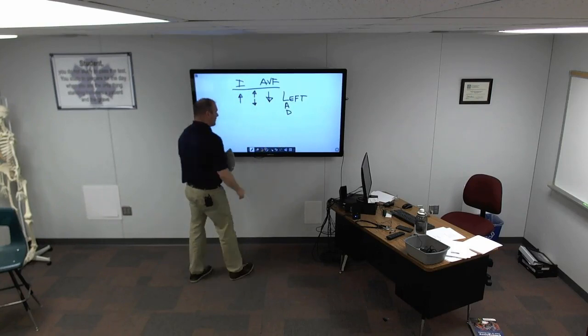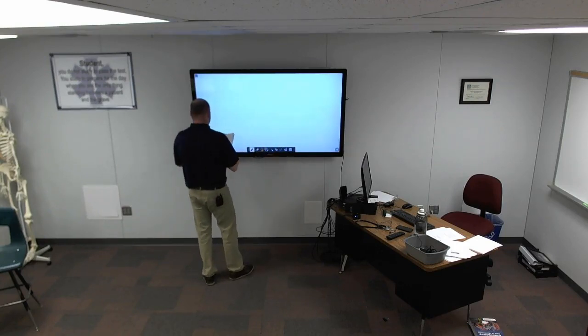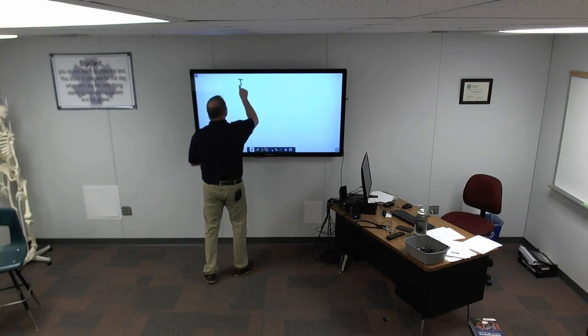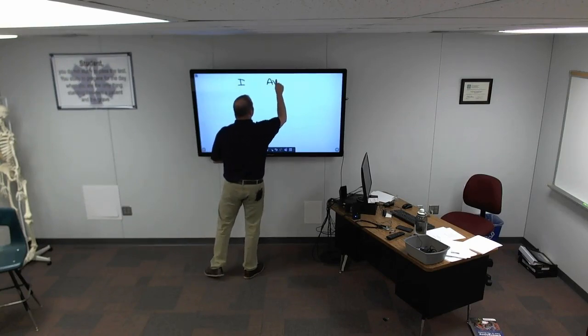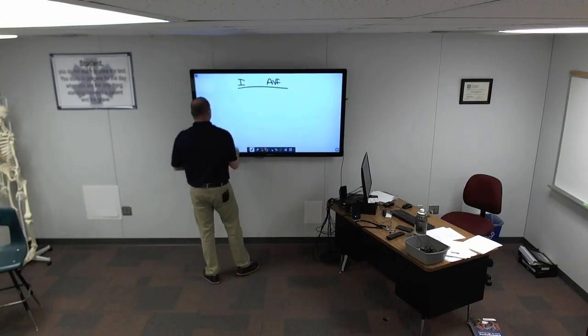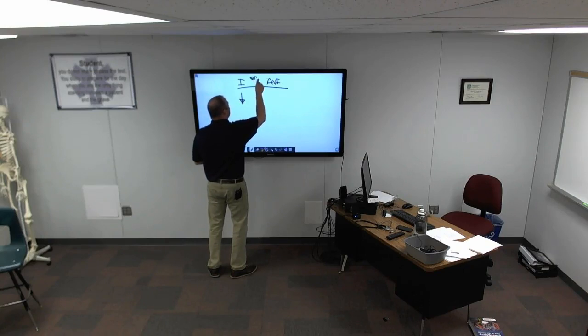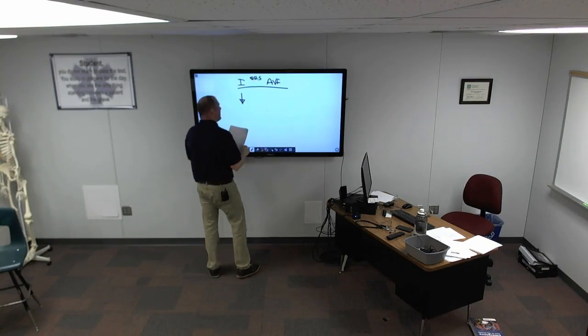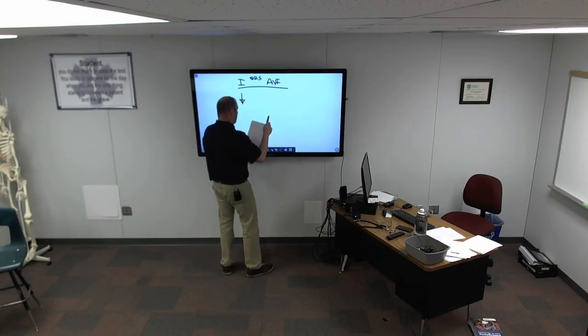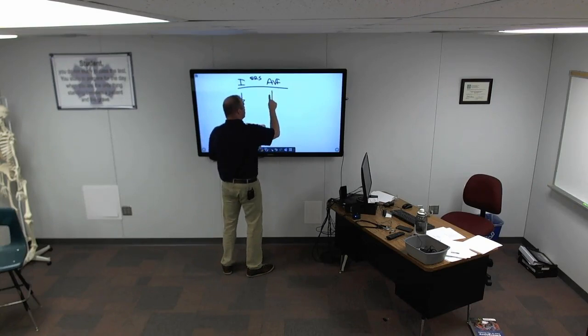Very simple, very basic. Now, moving on. Lead 1, AVF. Lead 1 has a downward deflection. Remember, we're talking about QRS. Now, lead 1 has a downward deflection and lead AVF has an upward deflection.